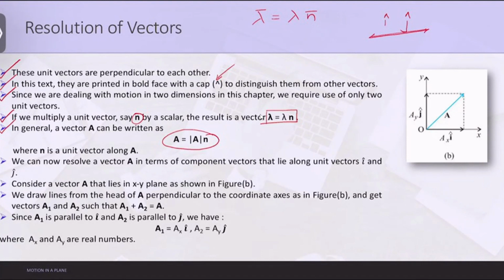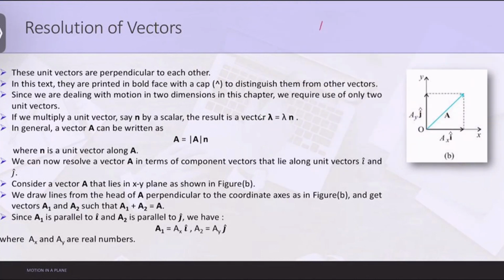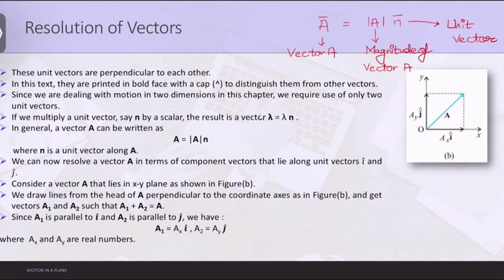So a is equal to mod a times n. This is vector a, this is the magnitude of vector a, and this is the unit vector. Fine, that was the explanation for this part.